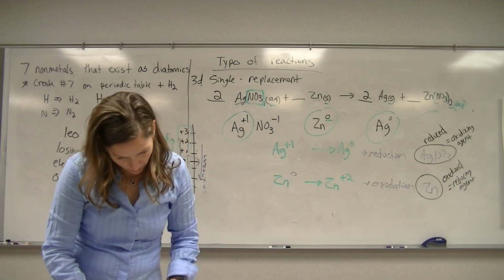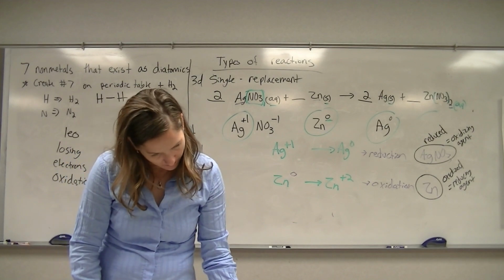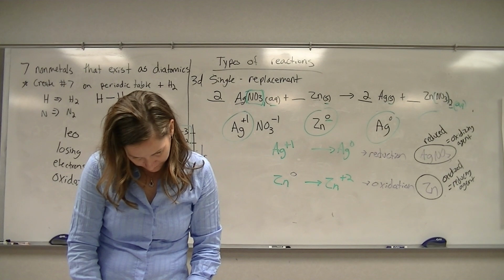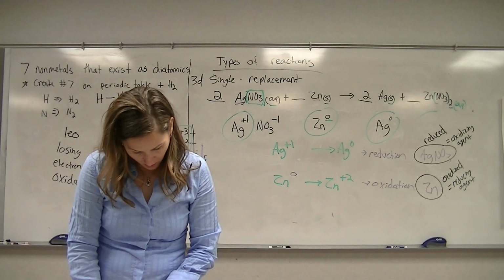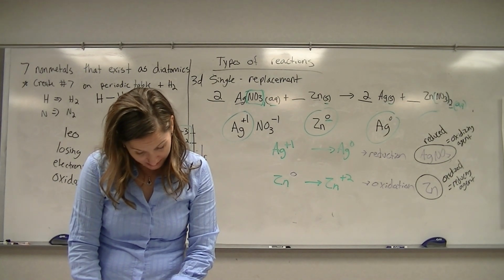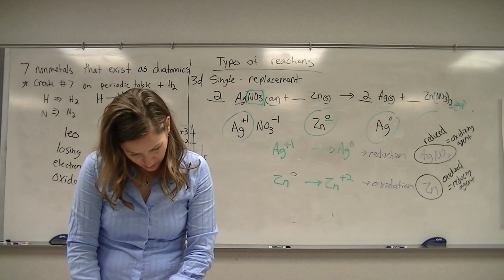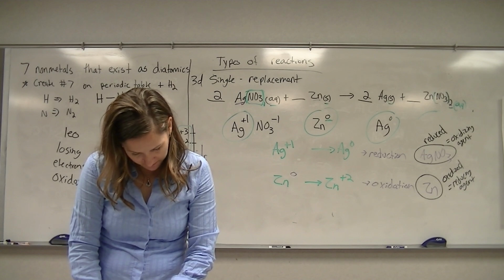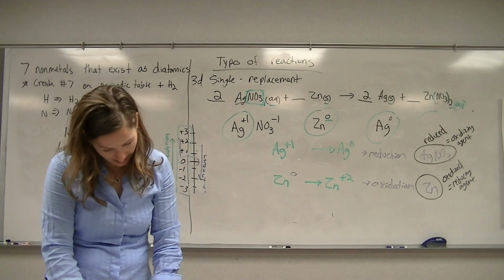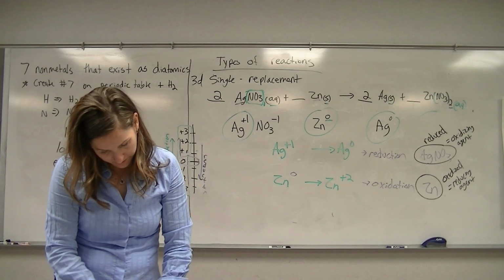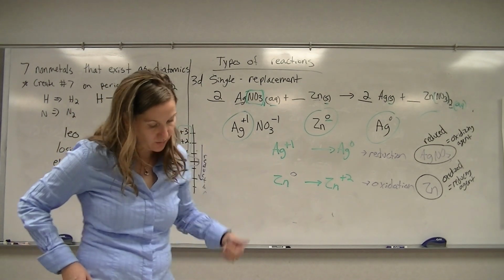So you're going to have to go through those steps for part B, because part B, I believe, is the one where you're taking copper and oxygen, right? So that's a synthesis reaction, and it's also a redox reaction.